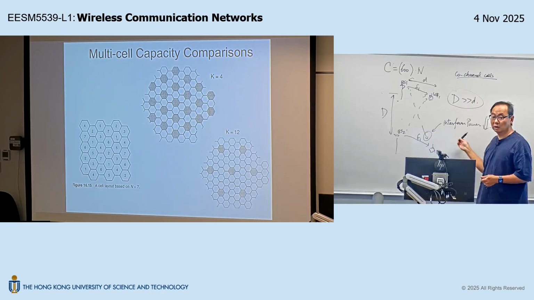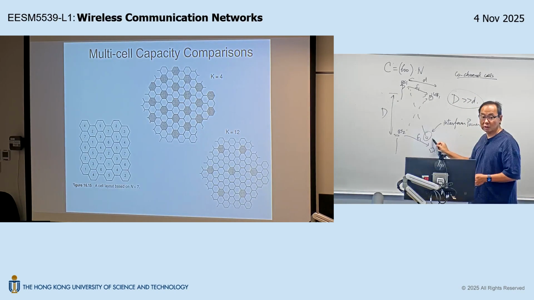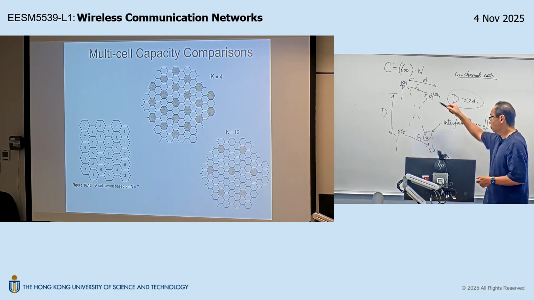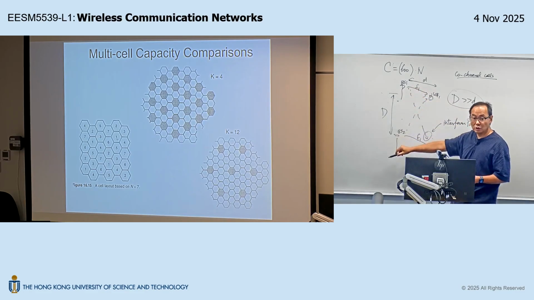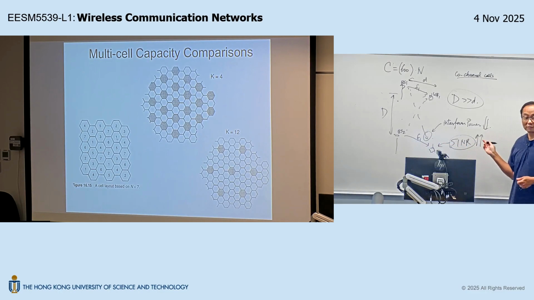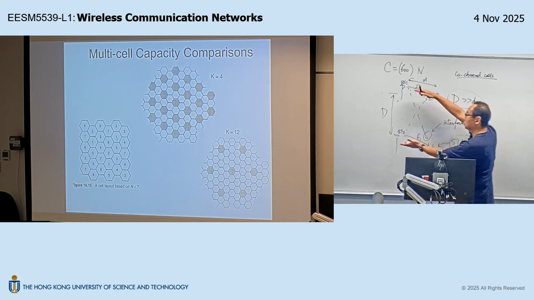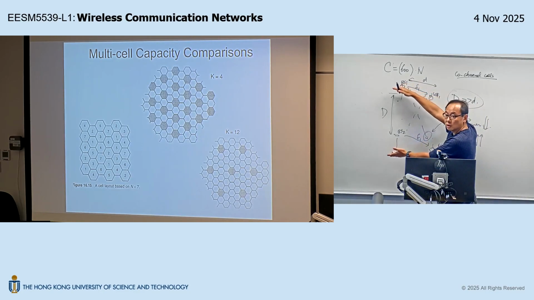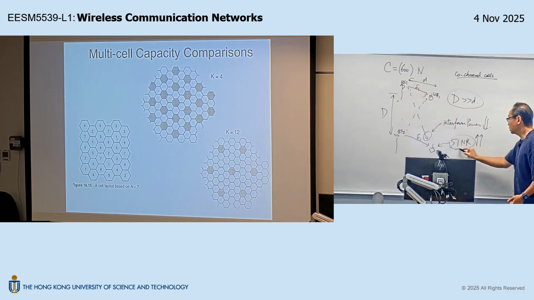And by path loss, the interference signal will be much weaker than the good signal. Is that okay? So by separating the co-channel base stations sufficiently far, the SINR received by every user will be increased. The larger this co-channel base station separation is, the larger the SINR would be.